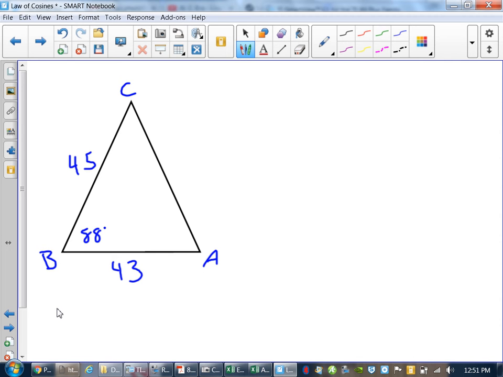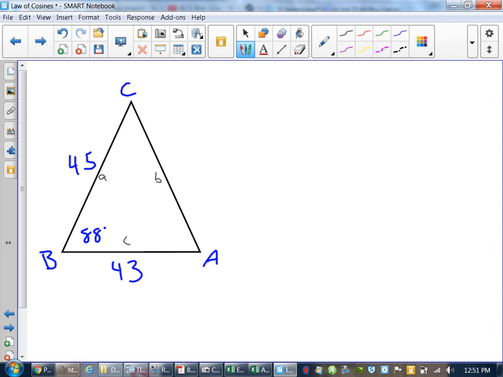So we have triangle ABC. You're given angle B. We know little a, and we know little c. What is this one forcing you to find?